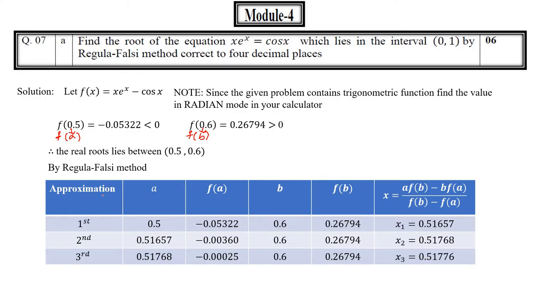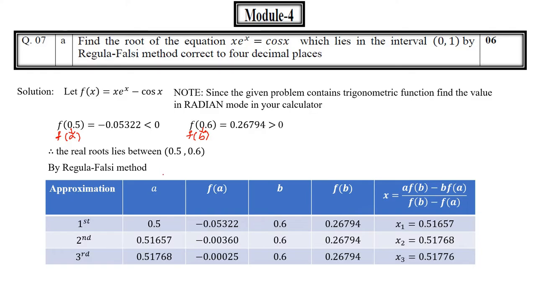I have constructed a table: first approximation, second approximation, third approximation, with columns a, f of a, b, f of b. Then the regula falsi formula: x equal to a into f of b minus b into f of a divided by f of b minus f of a. How to solve this is your main agenda.